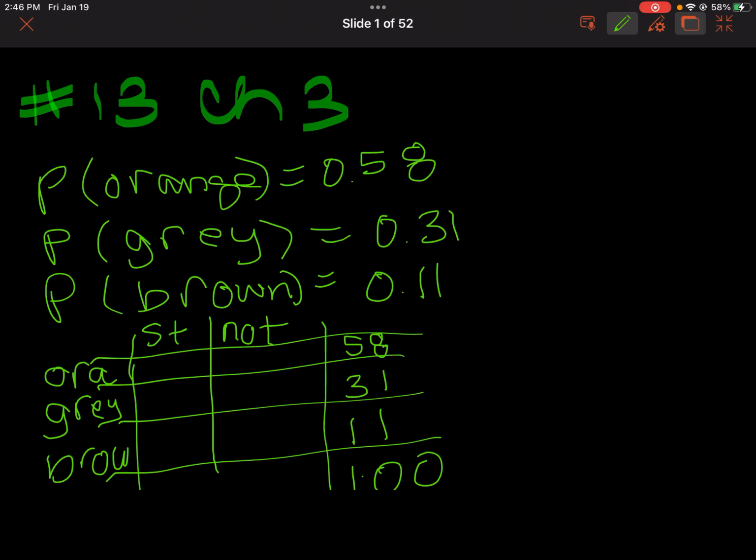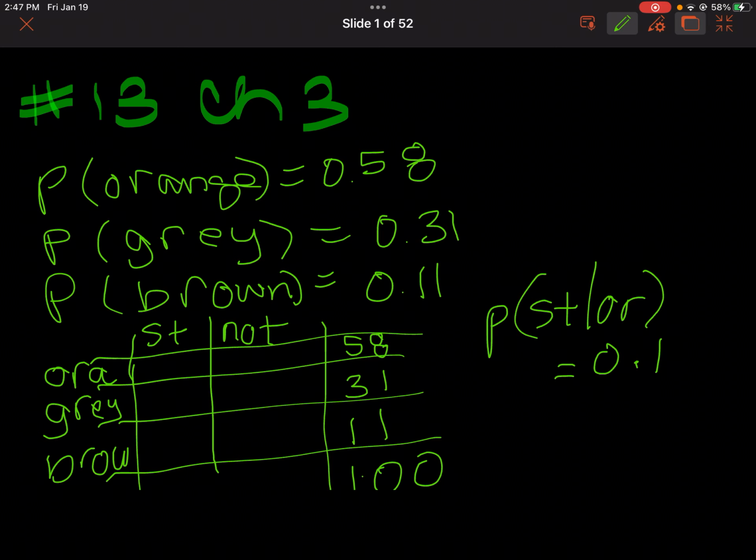So mine says that if it's orange, the probability of stripes is 0.1. So that means the probability of stripes, if you know that it's orange, is 0.1. So if we know that it's orange, we're sitting in that first row right there, because that's where all the orange cats live. And it says essentially 10% of them have stripes.